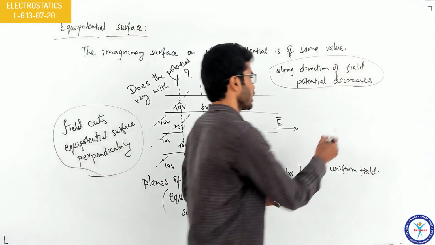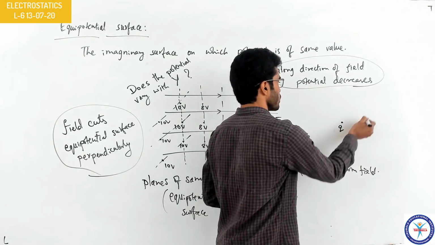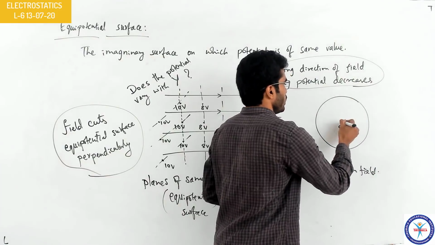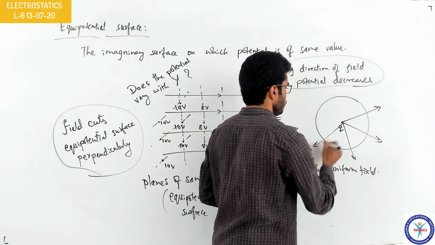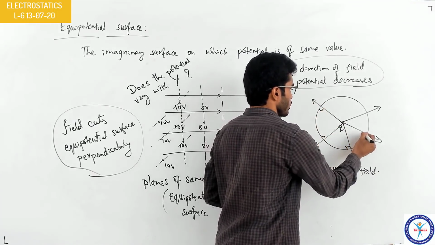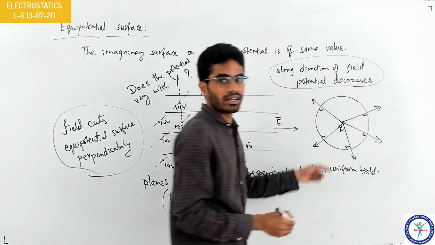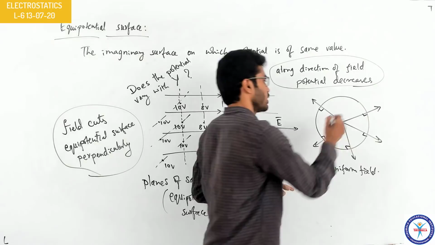Let us discuss one case where you have a spherical equipotential surface. For a point charge, the field is radially outwards, right? See, it is cutting the sphere perpendicularly everywhere. If you know that the field is cutting it perpendicularly, then that is equipotential.